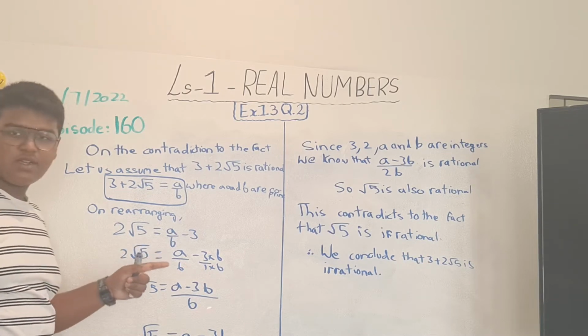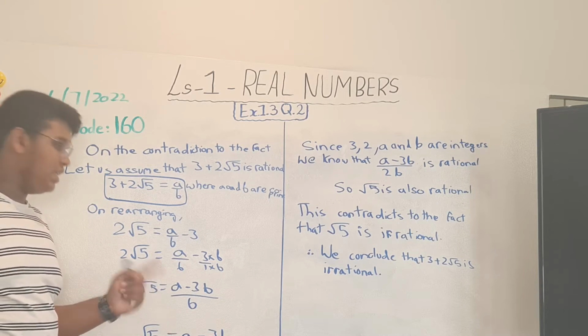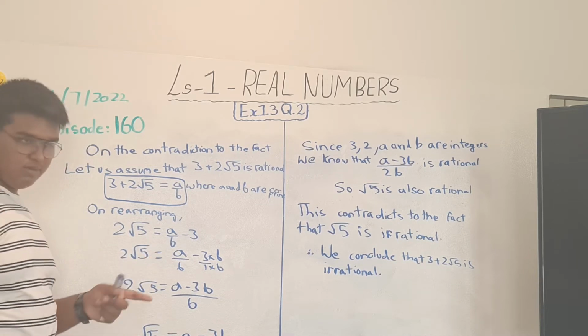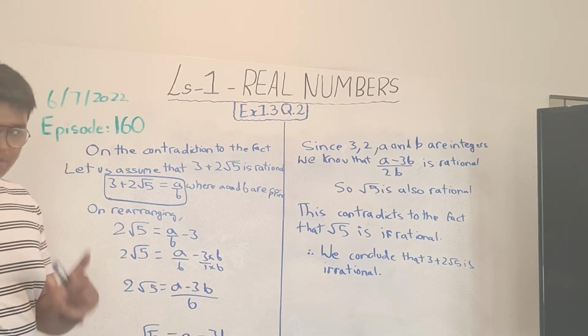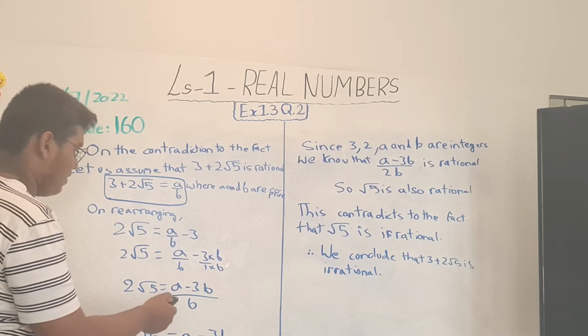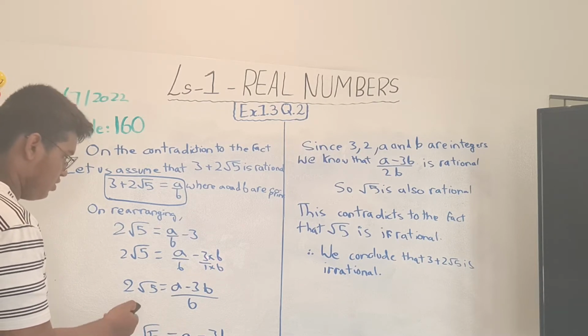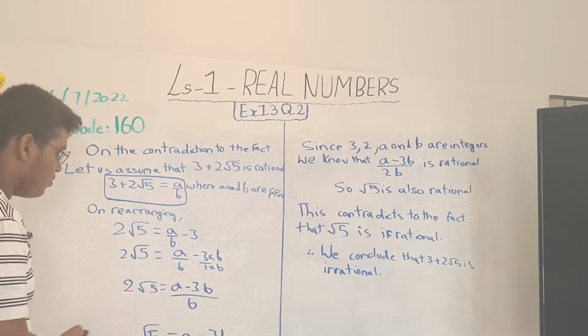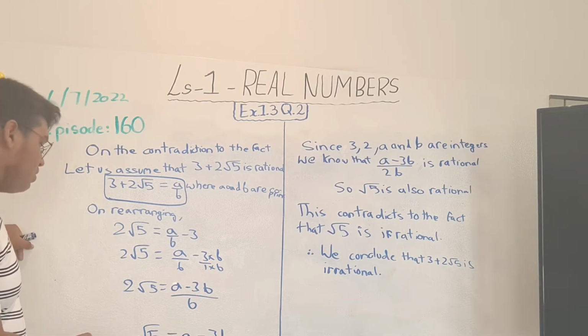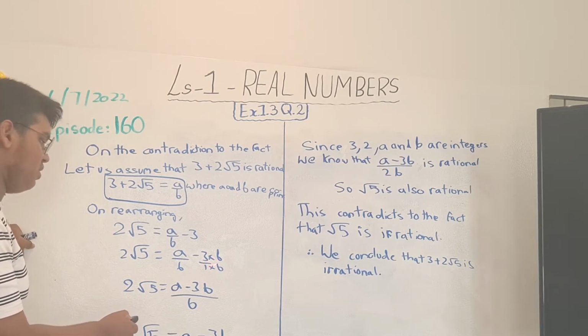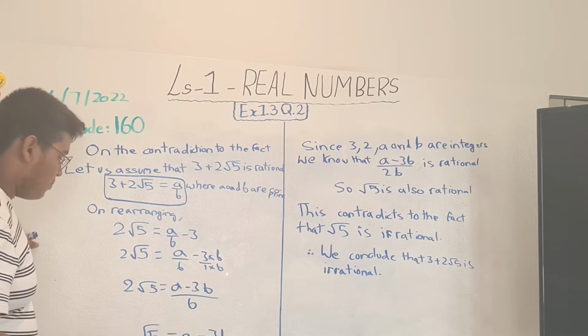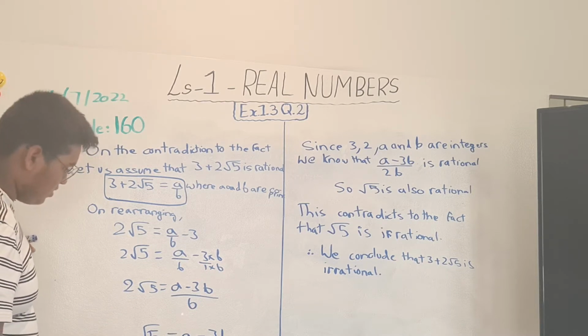Because here we are subtracting, for subtraction we need the LCM, right? The denominator must be the same. So for that we are multiplying by b on both the numerator and denominator. Then we get 2 root 5 is equal to a minus 3b by b. Here we multiplied 3 by b divided by b, so this is not 6b.